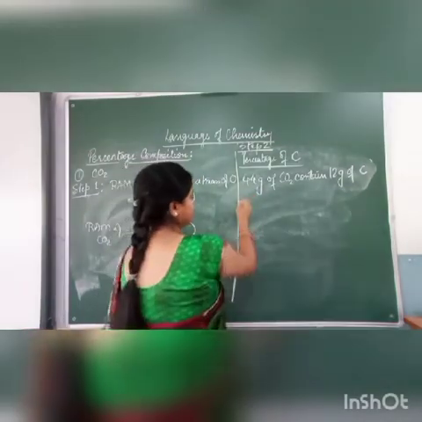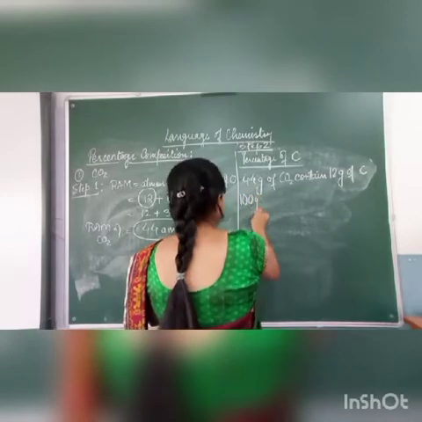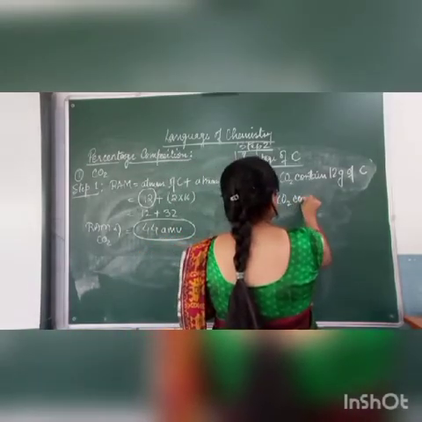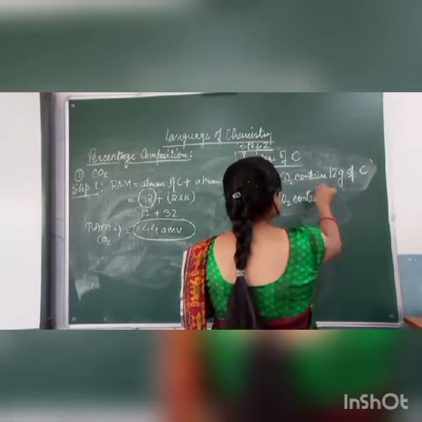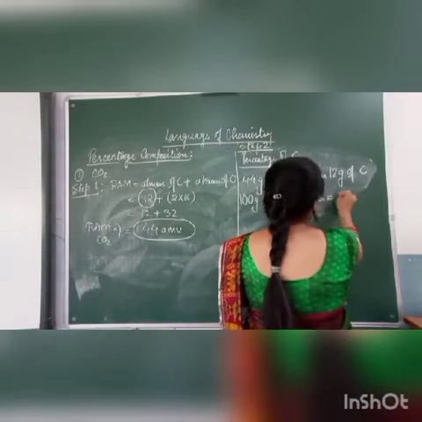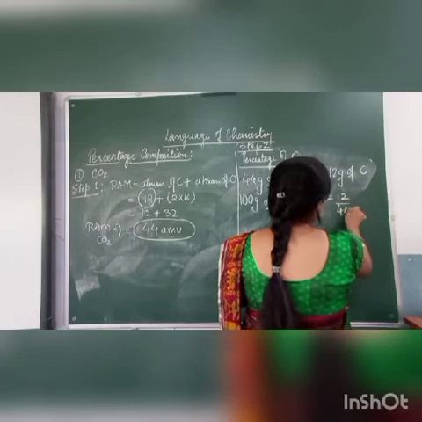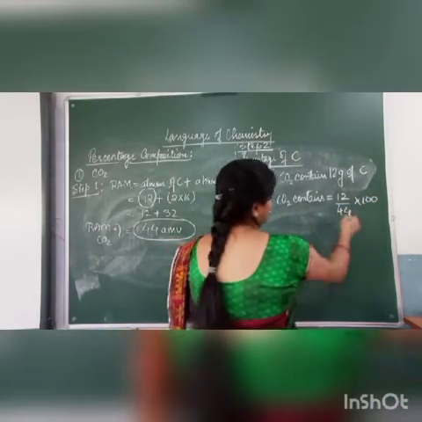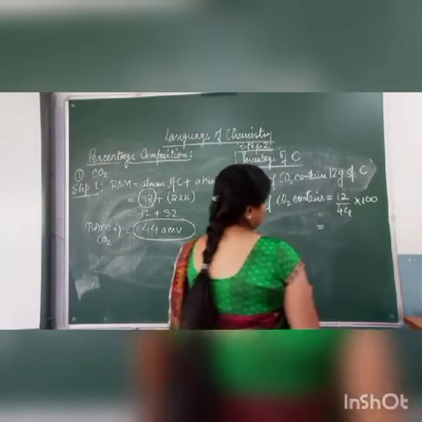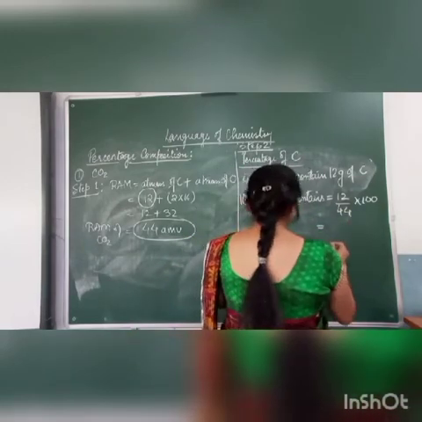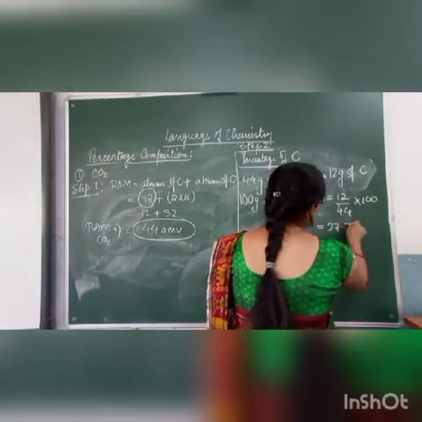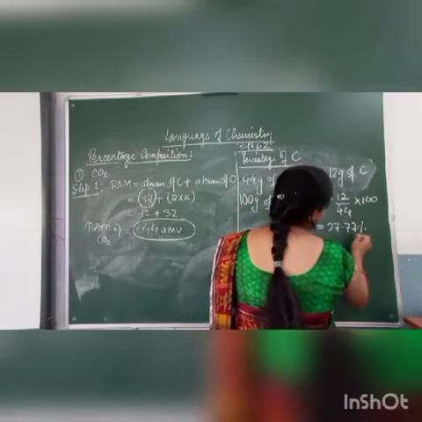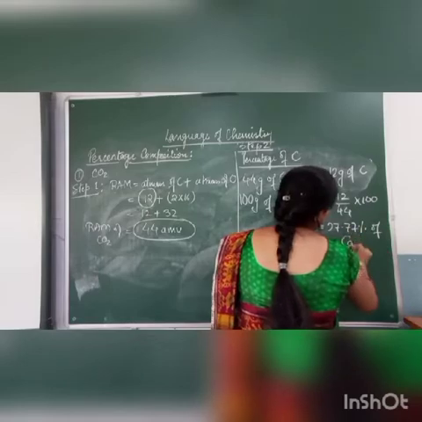So again we will write: 100 gram of CO2, that is carbon dioxide, contains 12 upon 44 into 100. When we solve this sum, we will get 27.77%. This will be the percentage of carbon.